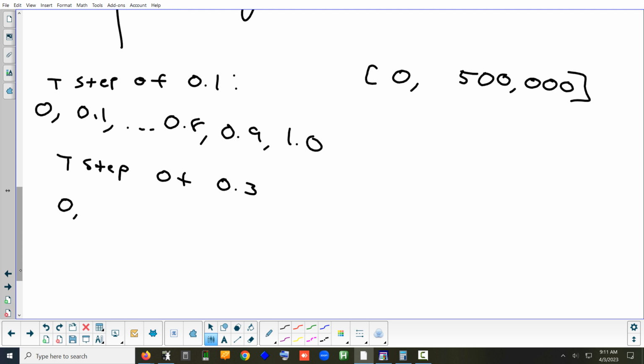Yep, 0.3. Aiden, what would be the next number? 0.6. Next number? It's stepping in increments of 0.3. 0.9.